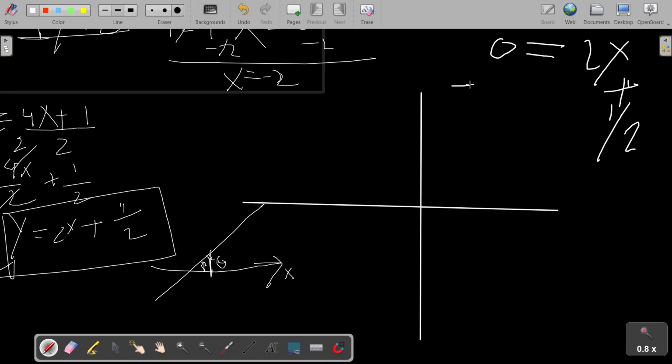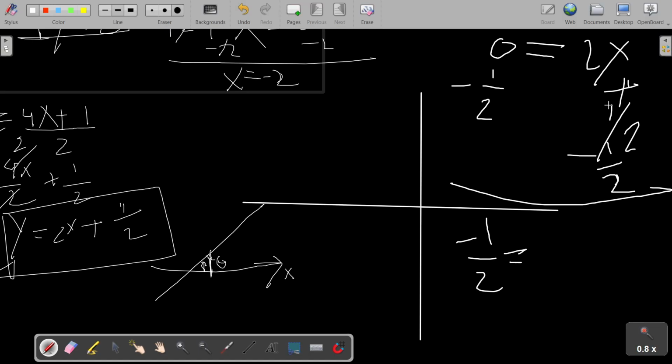For solving x, I need only x on one side of the equation. So I am going to subtract 1 by 2 from both sides. So I get 0 minus 1 by 2, which is negative 1 by 2. Here plus 1 by 2 and minus 1 by 2 get cancelled, and we are left with only 2x. We want only x, so I am going to divide both sides by 2.